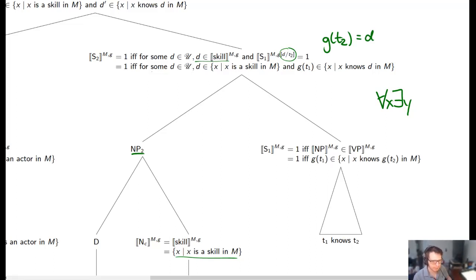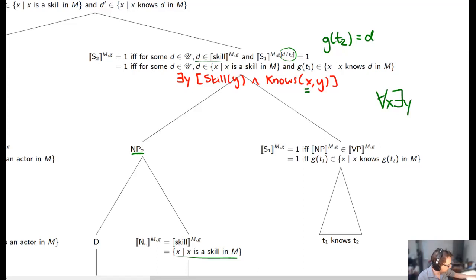So when we spell this out, we're saying if for some D in our universe, so what we're doing here is we're doing the exists a Y, skill Y, and G of T1 is in the set of X such that X knows D. So this is basically saying there exists a Y such that Y is a skill and X knows Y. But this X is still free.